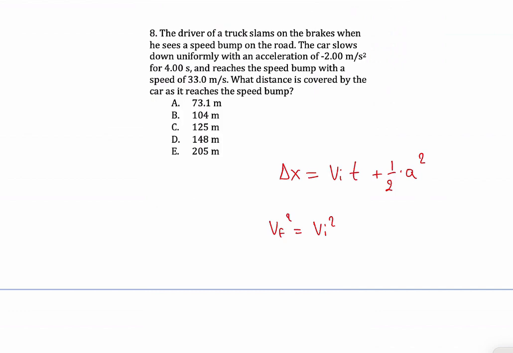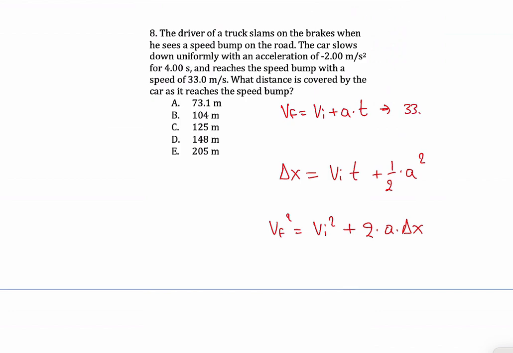We know the v final, we don't know the v initial, and I think still we cannot really use that law, v final squared equals v initial squared plus 2 times a times delta x, because we don't know the v initial and we don't know the distance. So maybe first we need to use the first law, v final is equal v initial plus at. We know the v final, we know the acceleration, we know the time. So first we're going to use the first law.